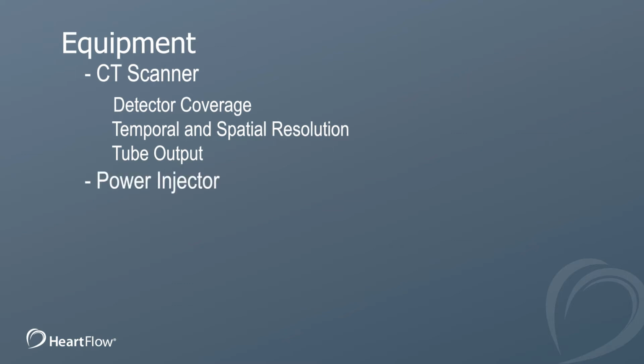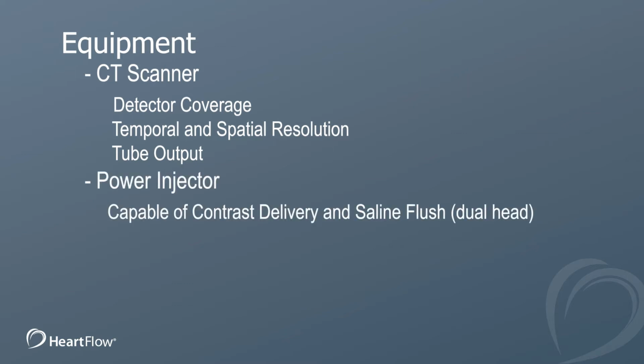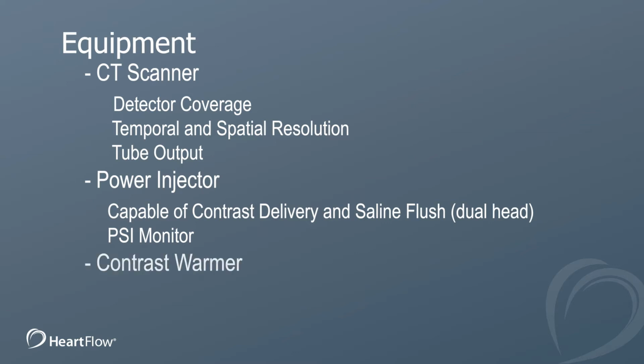You also need a standard power injector with a dual head so that you can inject contrast and have a nice saline flush behind it. It's also important that you monitor the pressure during an injection to make sure the patient's IV can tolerate this. And this can occur during your test bolus imaging so that sometimes you can know if you will be able to use the high flow rate that you want to on the main scan.